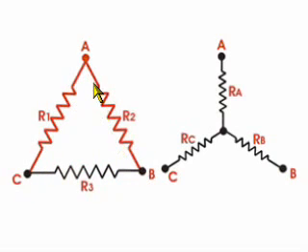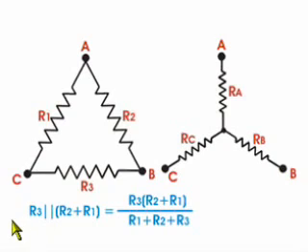Hence, the equivalent resistance between these points will be parallel combination of R3 and R2 plus R1, and this is equal to R3 into (R2 plus R1) divided by (R1 plus R2 plus R3).